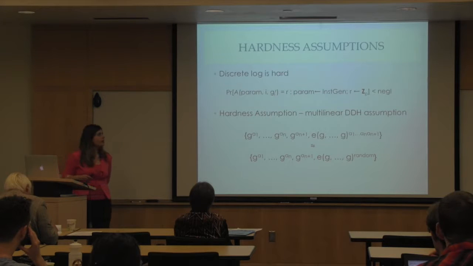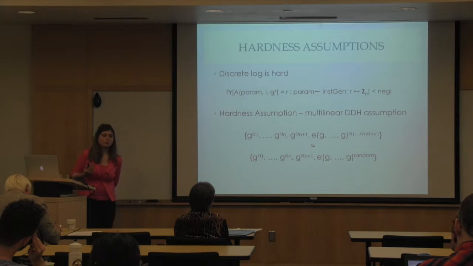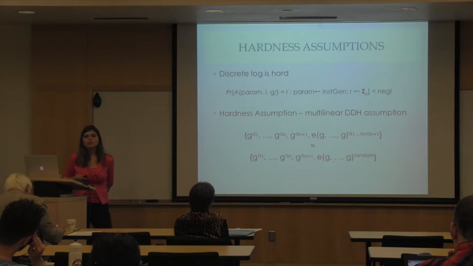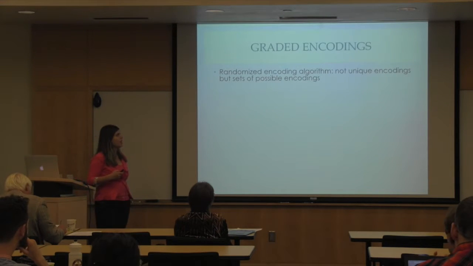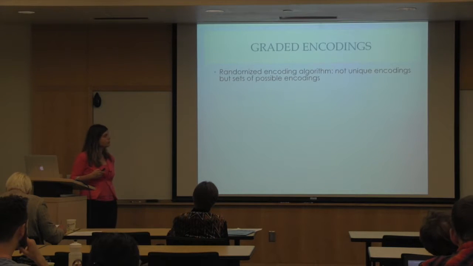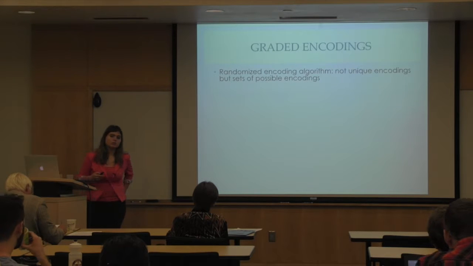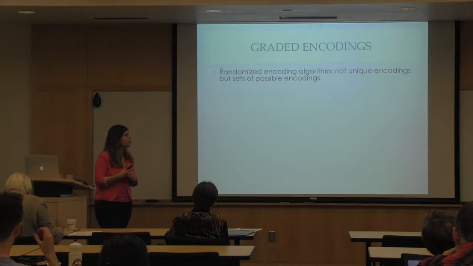But so far I was talking about using the real multilinear map, and in practice all of the candidates that we have don't actually satisfy this; what we have is actually called graded encoding. So let me try to define what the differences are between the ideal multilinear map and what a graded encoding is.